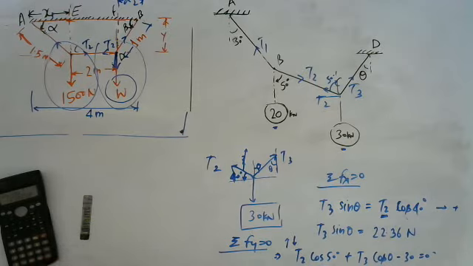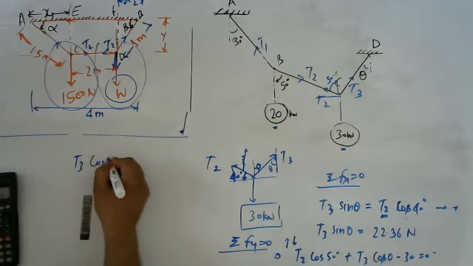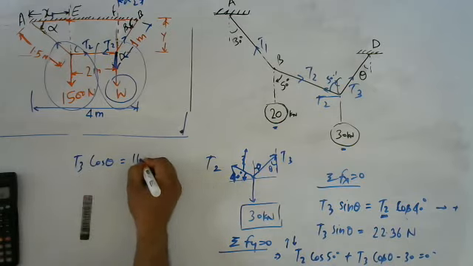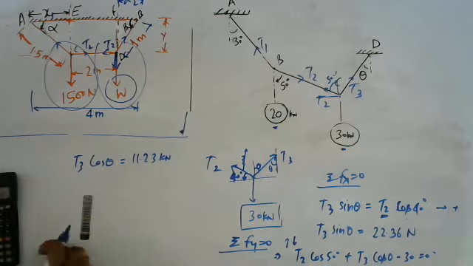How much? 11.2. So we can write T3 cos theta is equal to 11.23 kilonewton.